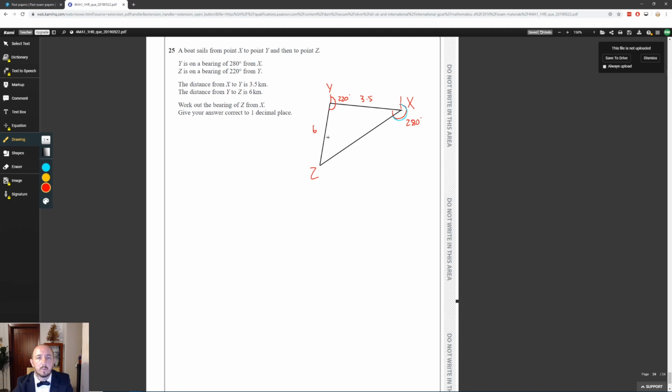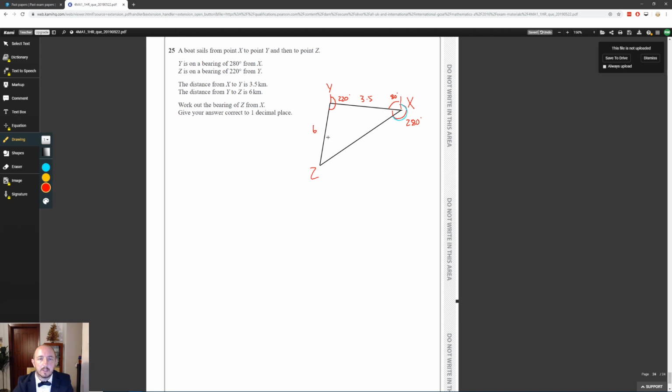So what we can do is we can try to find out some angles in here and some length as well. If we can try to find out this angle in here, that would be 360 minus 280. So that would give us 80 degrees in there.